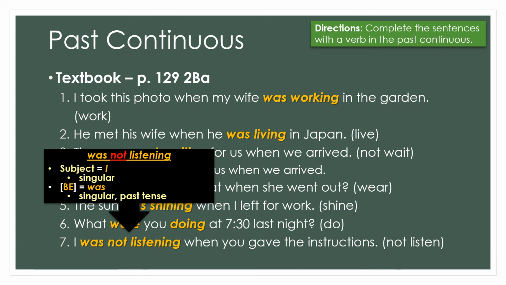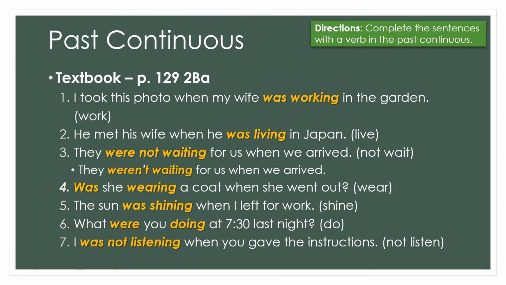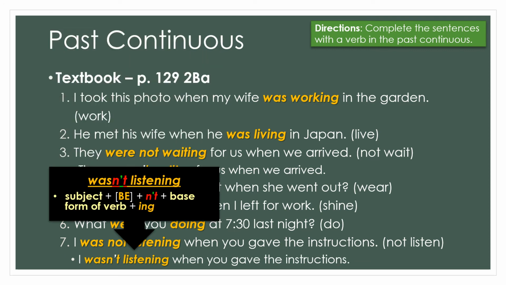Since the sentence is negative, the adverb not is put between the verb was and listening. If you want to make the sentence a contraction, you would take the verb was, add the contracted word not, and then have your word listening. I wasn't listening.